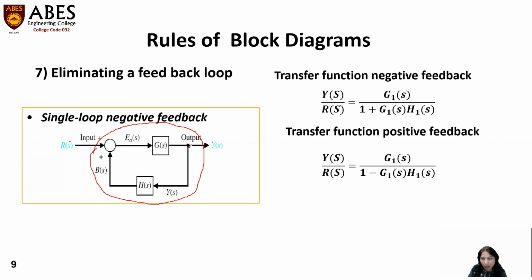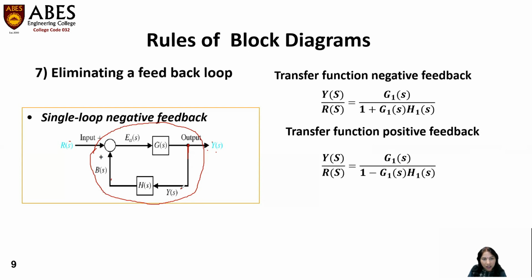This is a forward path, right? From this point, we have taken the output signal as feedback. So the direction of this feedback signal is opposite to the direction of the forward path signals, right? This is the forward path, and we are taking the output signal from this point, and that signal is moving in the opposite direction of the forward path.